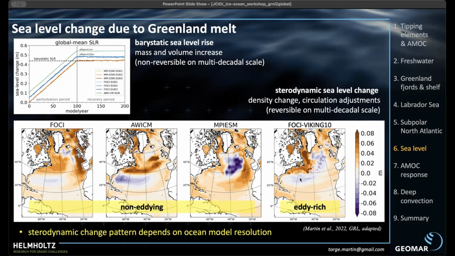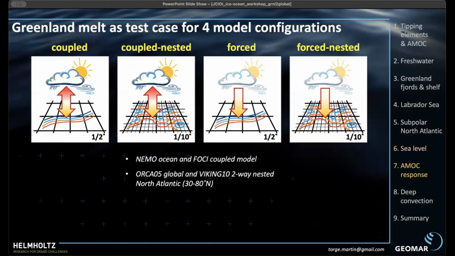And if we add or explicitly resolve mesoscale dynamics, we get again a different picture, where it's mostly the American side that's affected by these dynamic and density changes of Greenland meltwater, not so much the European shelf. So again, ocean dynamics and ocean grid resolution matter even for the projection and forecast of regional sea level change.